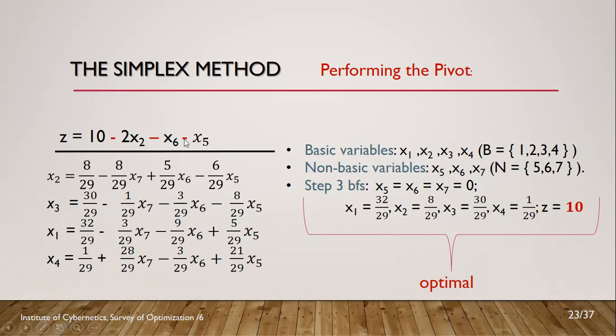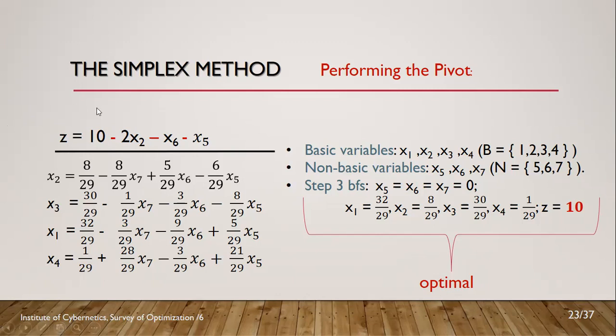We have received that all the coefficients are negative, meaning that at this step, we can stop. There is no potential to increase the objective function. No matter how we increase the variables, they will make the function lower.